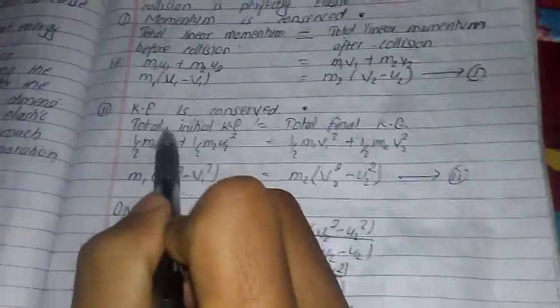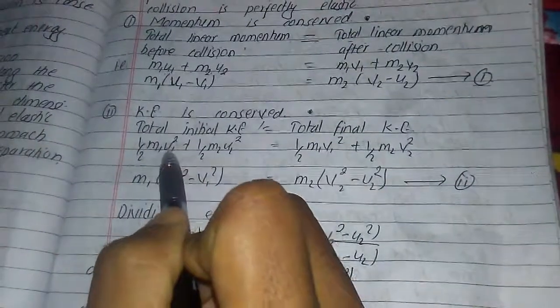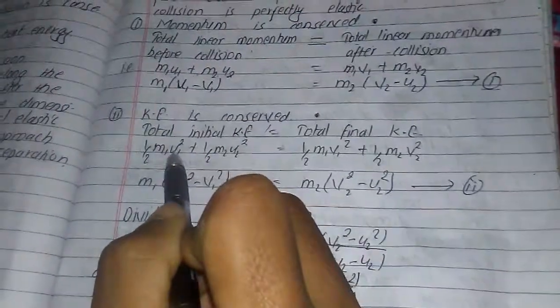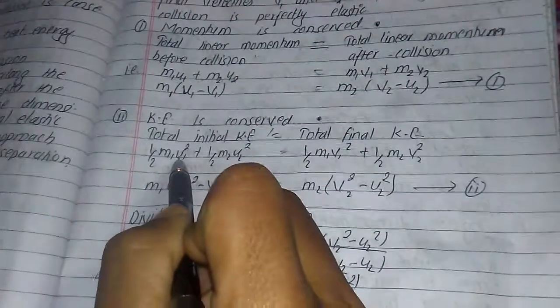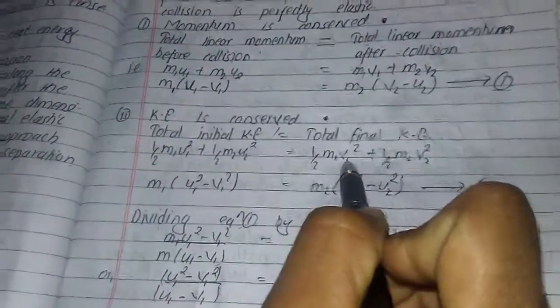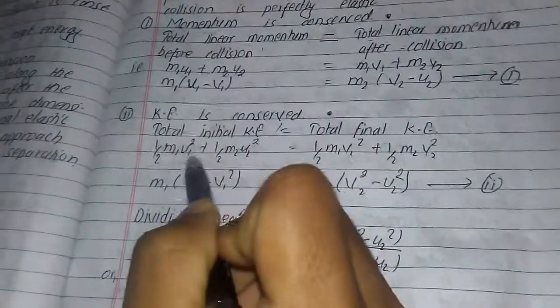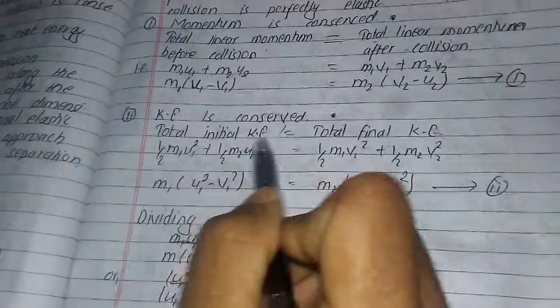Now we know that kinetic energy is conserved. Total initial kinetic energy is equal to total final kinetic energy. Here u1 is the initial velocity of body A, u2 is the initial velocity of body B, v1 is the final velocity of body A, and v2 is of body B. This is 1 by 2 mv square, the formula of kinetic energy.